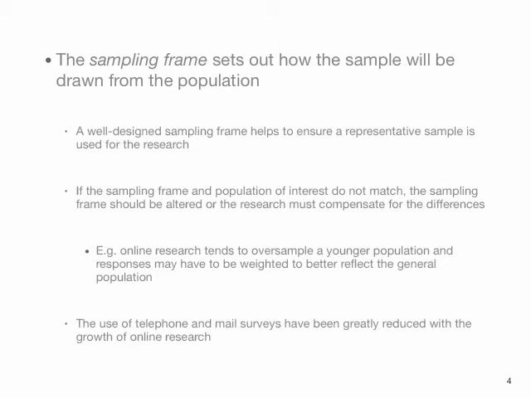However, if you're using a method like online research to try to attract the general everyday population, then you really have to be careful because you're probably not going to get a completely representative sample. Is that a concern? Depends on your research. But it's definitely something that you need to be considering.